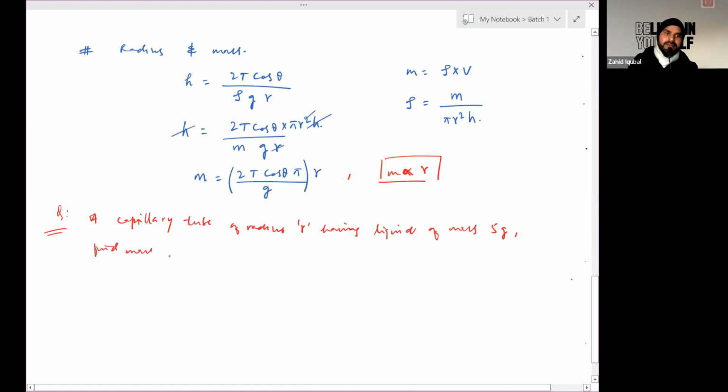Find the mass of liquid retained if radius becomes 2r. Just compare the above part and try to answer.